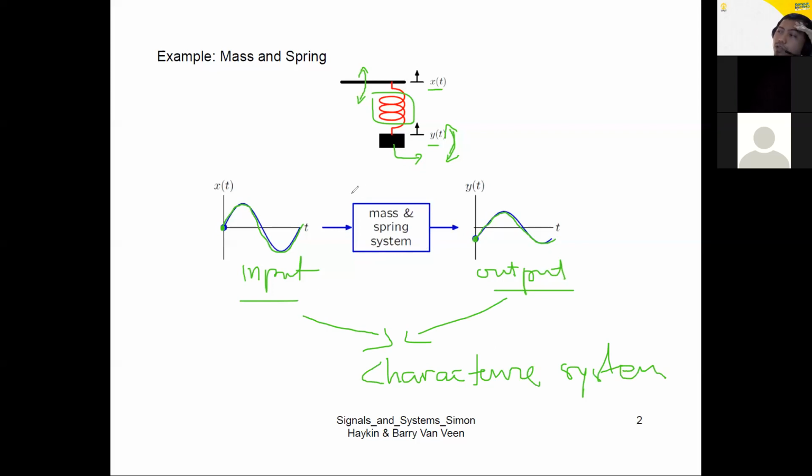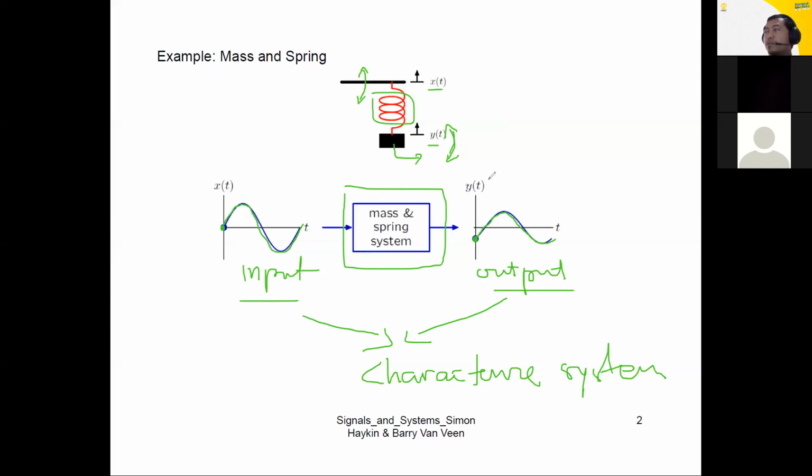Because a system in the real world is usually not clearly defined, and it needs to be analyzed or investigated for some purpose, maybe to optimize the output.